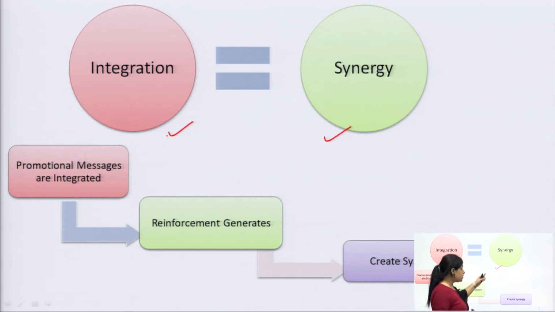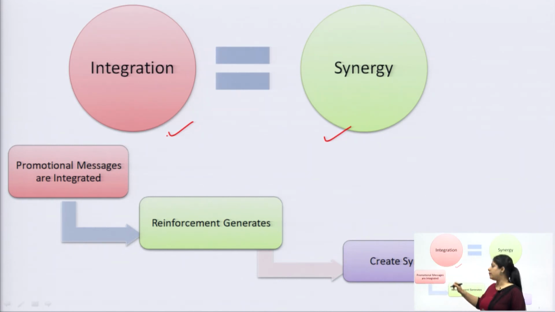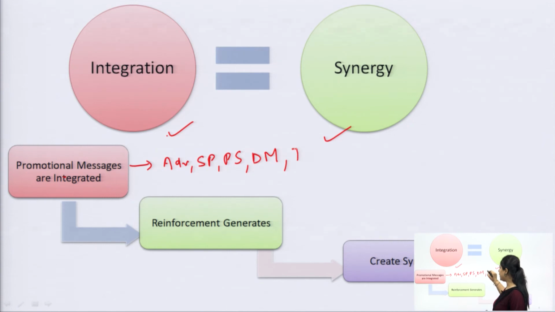And synergy is generated because we went for integration between all the marketing communication tools. And how does it happen? Promotional messages are integrated. All the promotional messages we were having for advertising, for sales promotion, for personal selling, for digital marketing, for direct marketing, all those messages were integrated, they were combined.